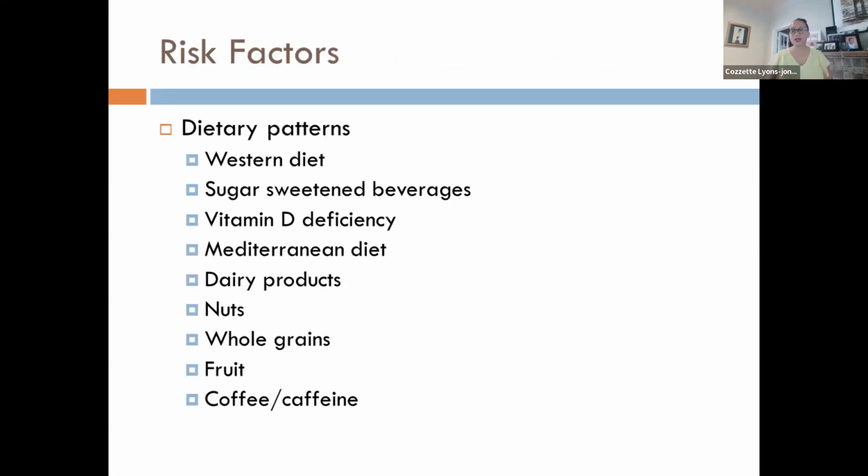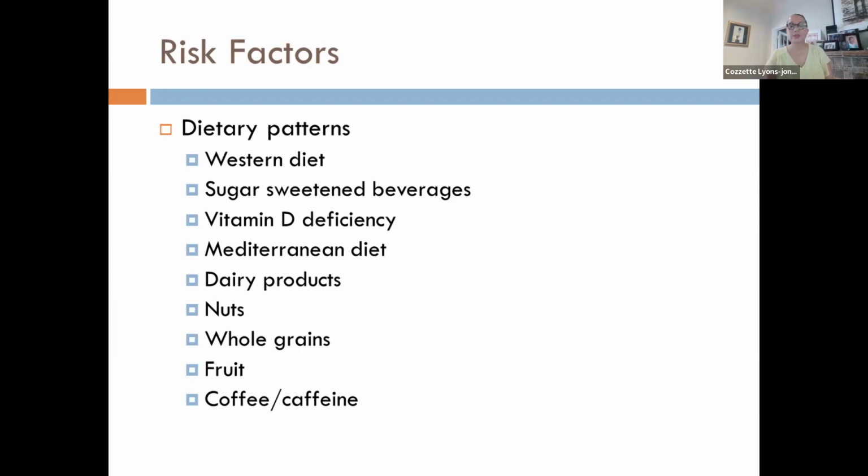Risk factors: the westernized diet, that poor, highly processed, sugary, low nutrient-dense diet. No, it's bad. Sugar-sweetened beverages, which we're going to talk about in more depth in the next slide. Vitamin D deficiency is associated with diabetes. Mediterranean diet is actually something that benefits people and lowers your risk. That's the one with a lot of fish, fruits, nuts, vegetables, olive oil.